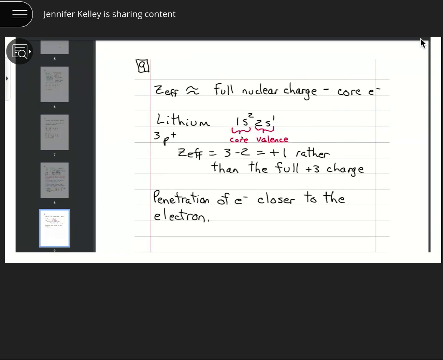You can tell which ones are core electrons once you figure out how many valence electrons there are. Figure out the valence electrons and mark the valence electrons out. Everything that's left is a core electron. So the core electrons here, we have 2 of them. So it's 3 minus 2, and that's 1. So lithium's valence electron is shielded, and instead of feeling a 3 proton pull, it only feels the effect of a 1 proton pull, even though there are 3 there. Does that make sense?